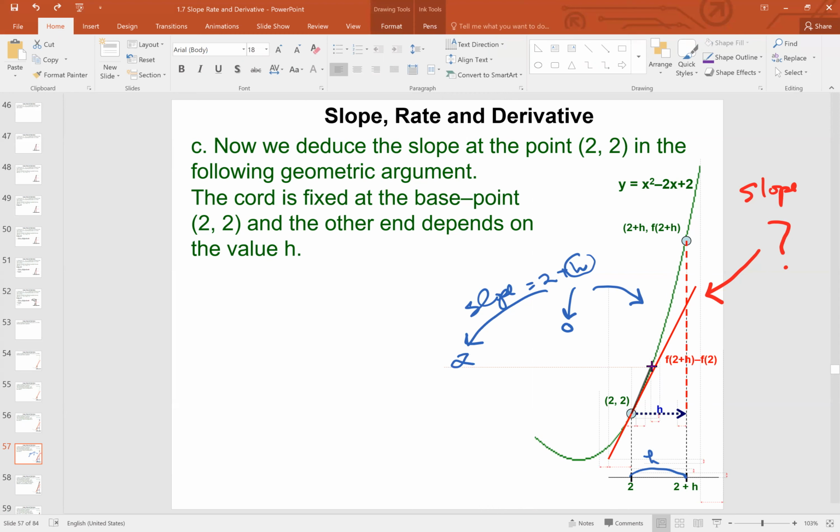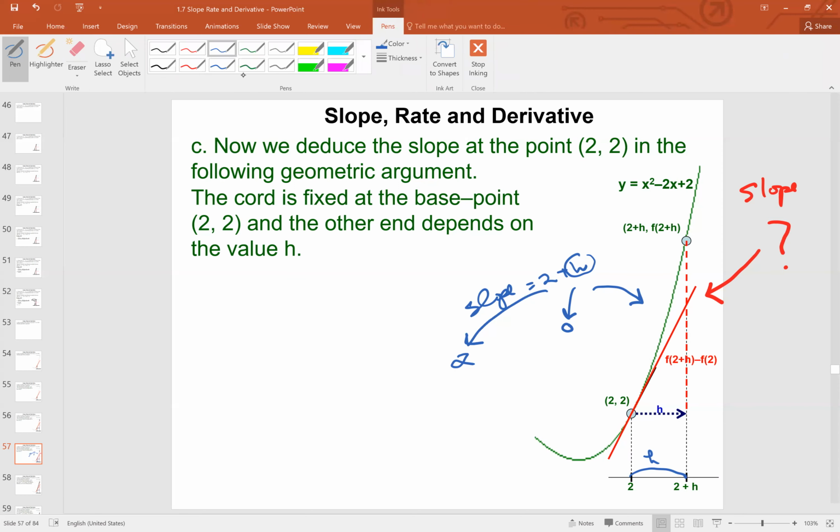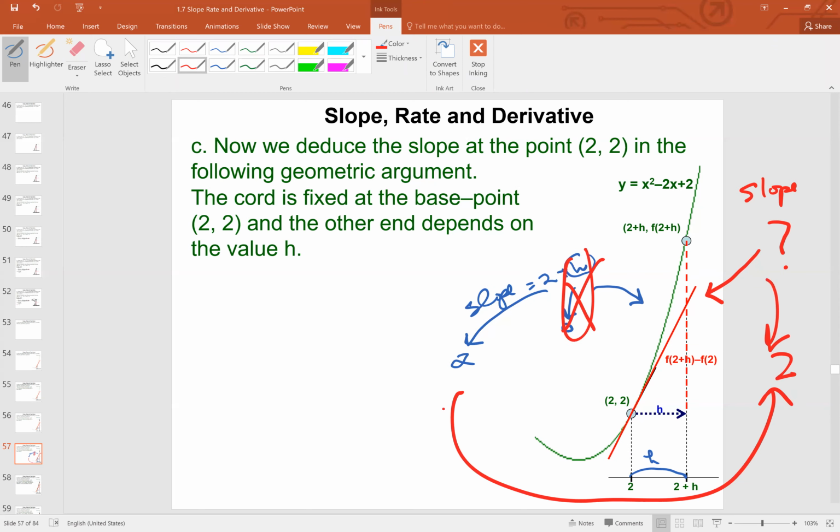Basically that tells us that this line wants to merge with the tangent line, so therefore it tells us the slope of this tangent line must be 2. Okay, so we deduce this is 2, because when h goes to 0, it only leaves me 2.